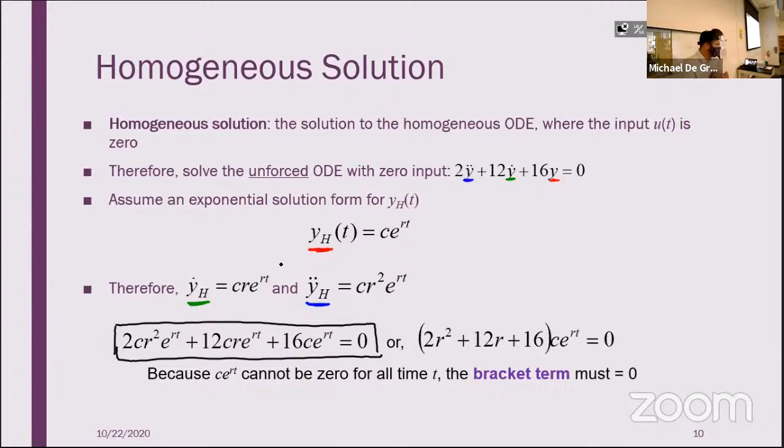So far, so good? I assume a solution form, I take as many derivatives of that solution form as I need, throw it into my original equation, and then I algebra to get this one term by itself.